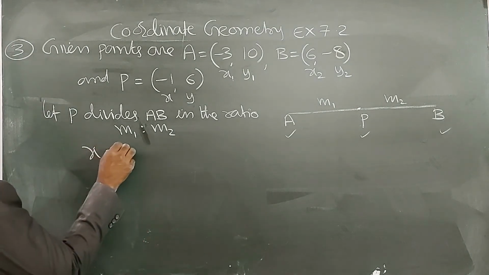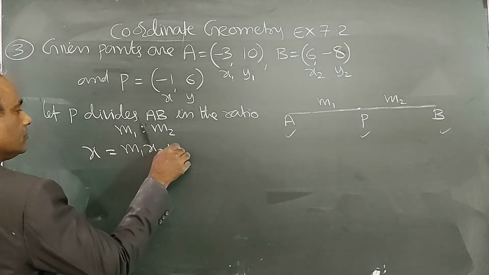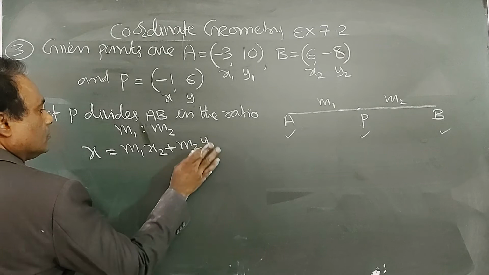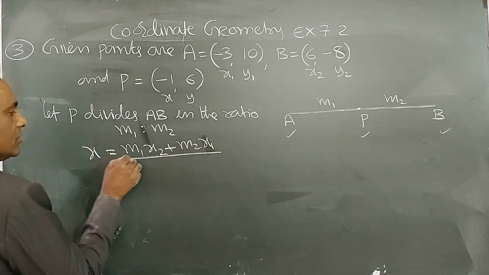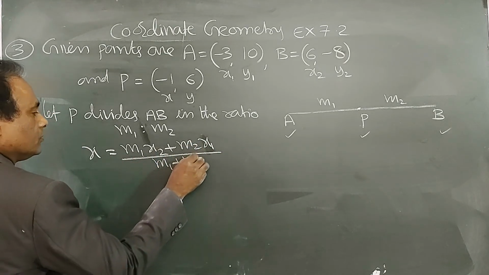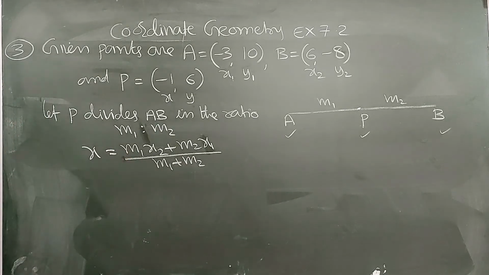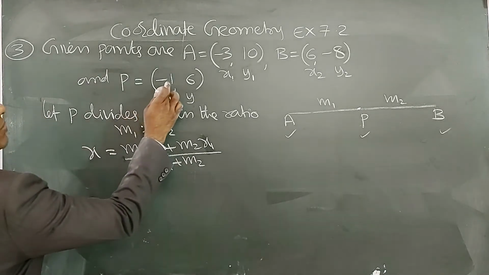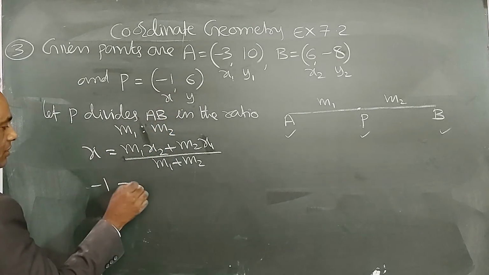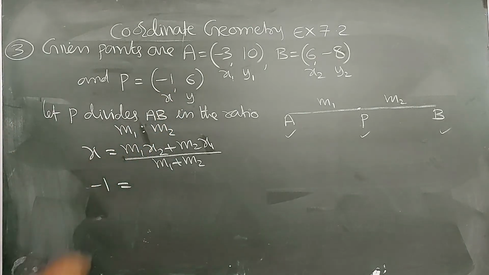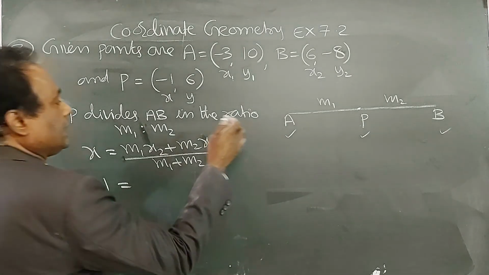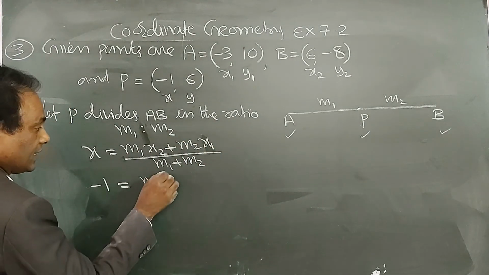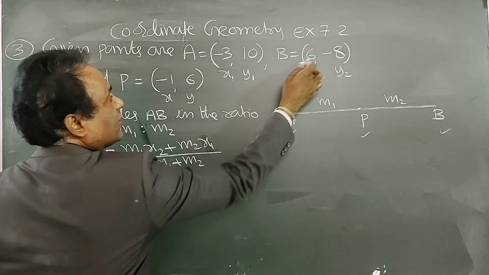X is equal to, what is the formula? This is the x formula. X is minus 1, equal to m1 we don't know, we have to find. X2 is 6.